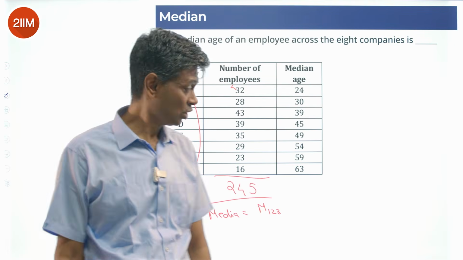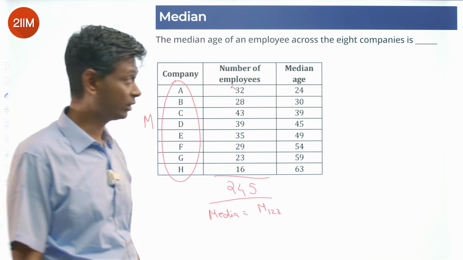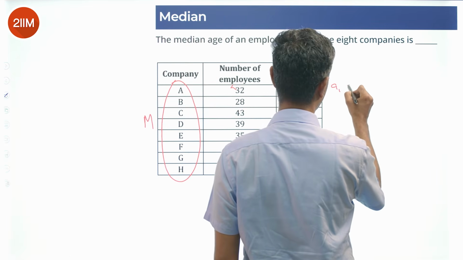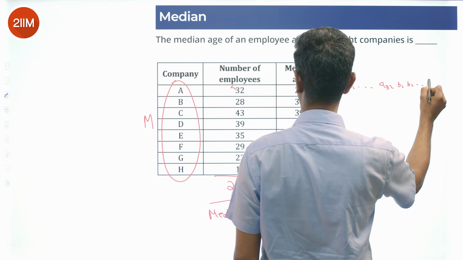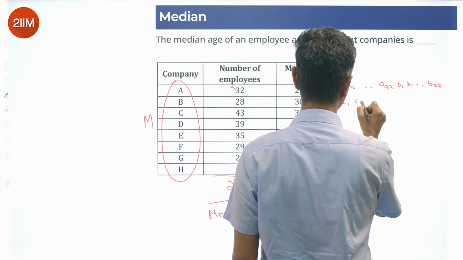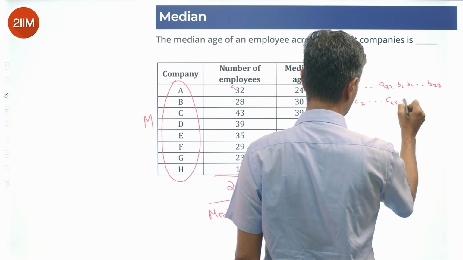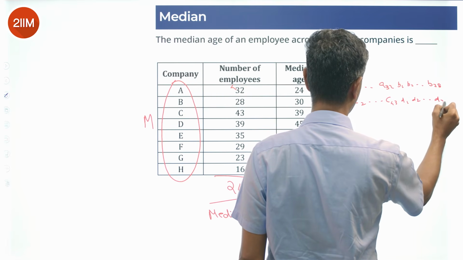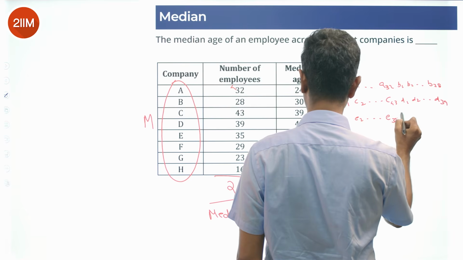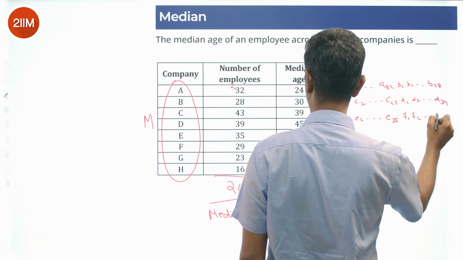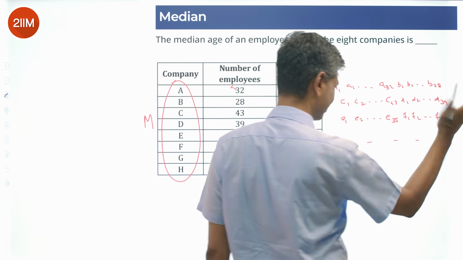When I'm arranging them in non-descending order, the way I'll go about it is A1, A2 till A32, and then B1, B2 till B28, C1, C2 till C43, D1, D2 till D39, E1, E2 till E35, F1, F2 till F29, and so on.